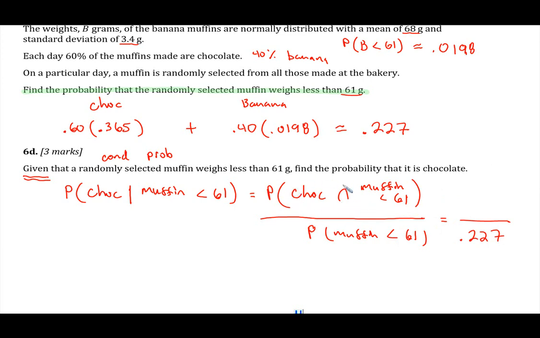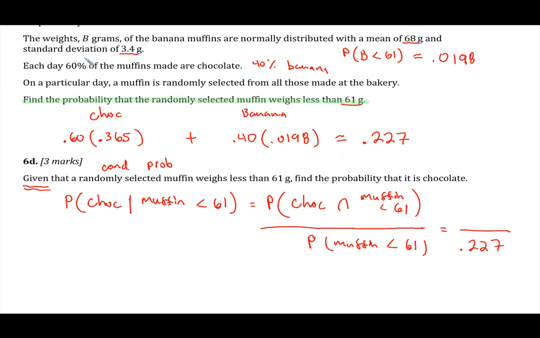Now the numerator, we're trying to find the intersection of it being chocolate and a muffin that weighs less than 61. Remember in the question, 60% of the muffins a day are chocolate. So how many chocolate muffins are there? 60%, so that's 0.60 times the probability of a chocolate muffin being less than 61, which we also calculated earlier.